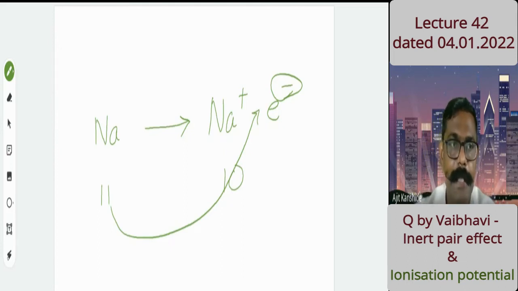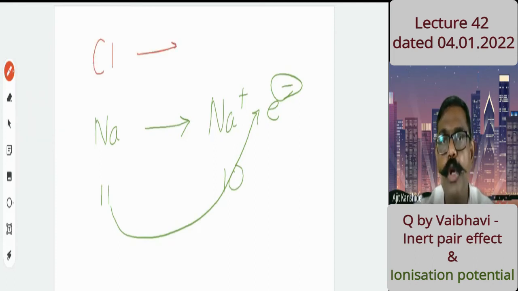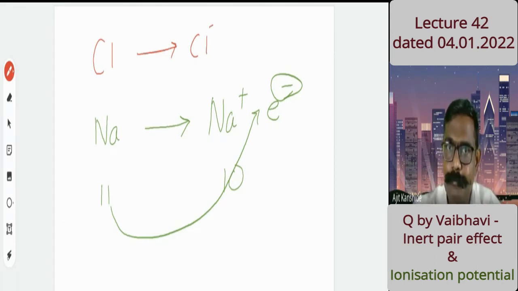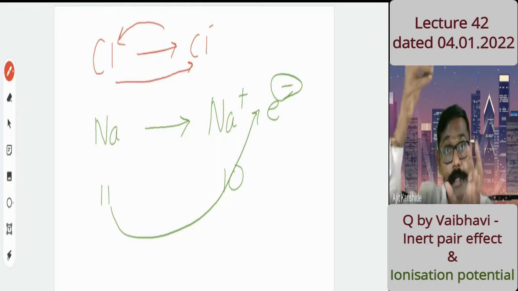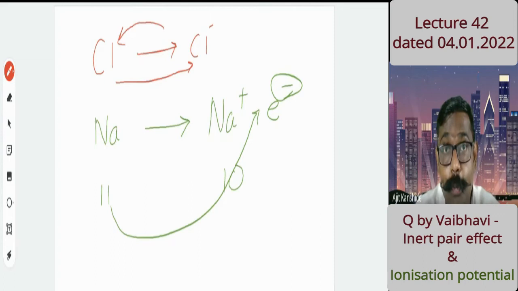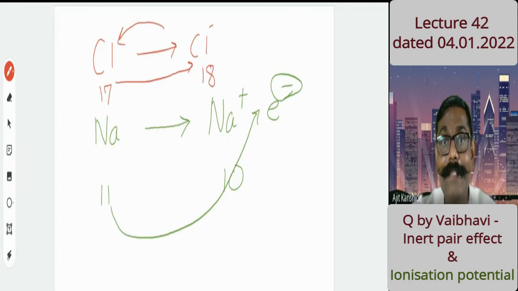On the other hand, if I take chloride ion formation, meaning a chlorine atom from which I am going to obtain the chloride ion, then when that chlorine atom takes one electron, this chloride ion will be the result. So when it takes an electron, what will happen? Already chlorine had 17 electrons, but here one more electron has entered.